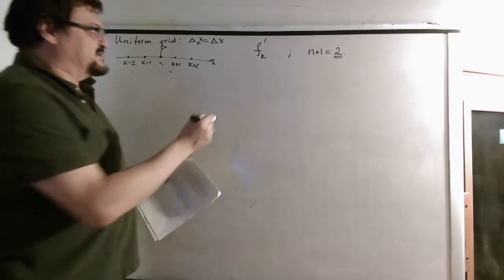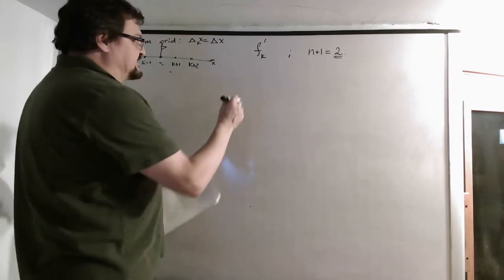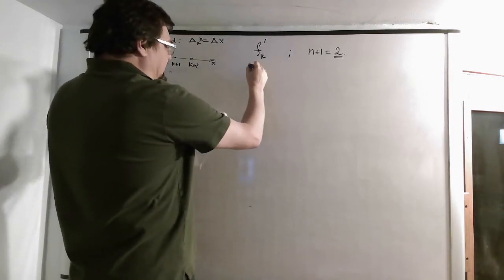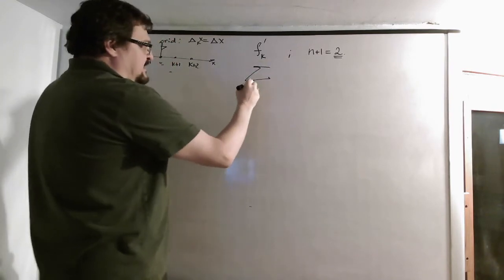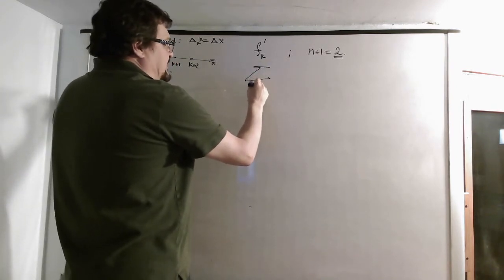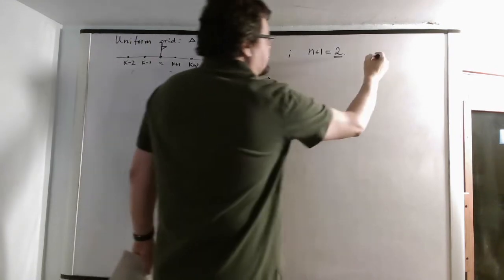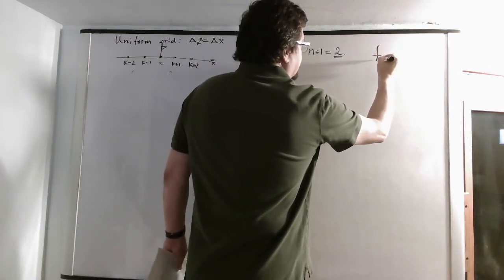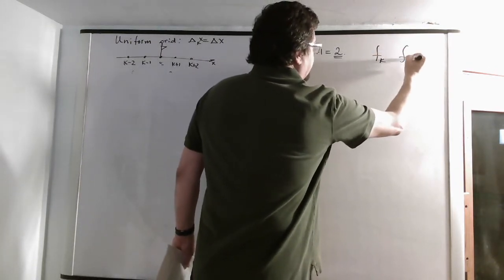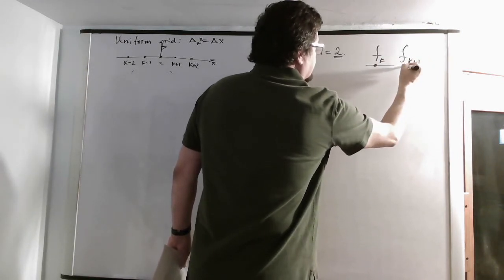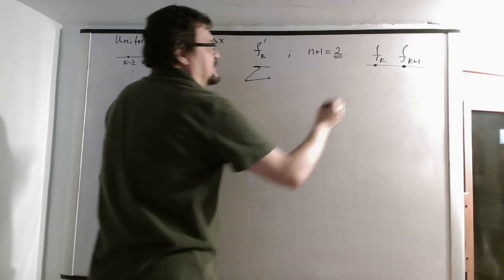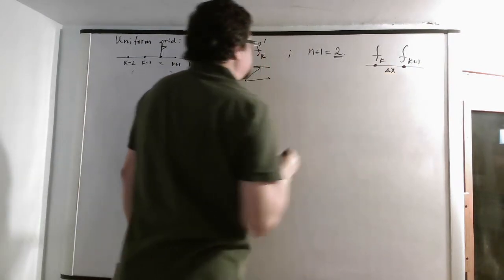So let's use this method. We basically use the following equation. The first equation says that the sum, say we have fk and fk plus 1, at distance delta x.